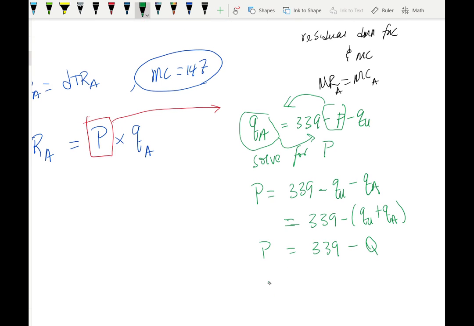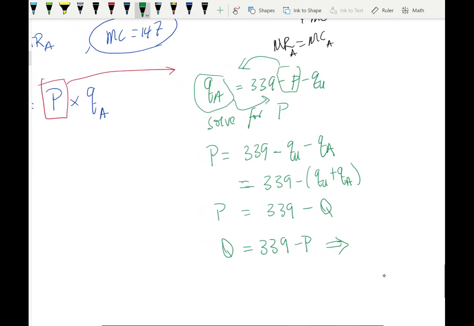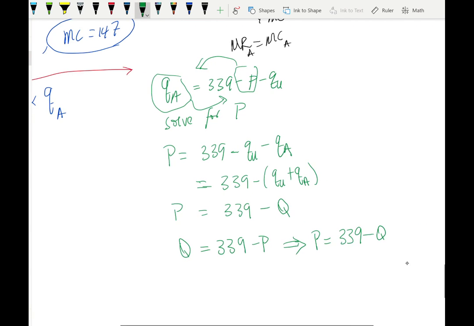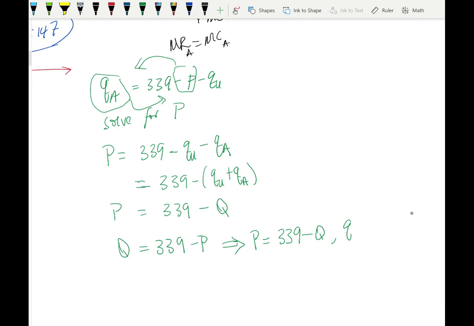And that is very similar to our original demand function solving for P. So it's the same thing as saying P is equal to 339 minus Q, where big Q is QA plus QU.